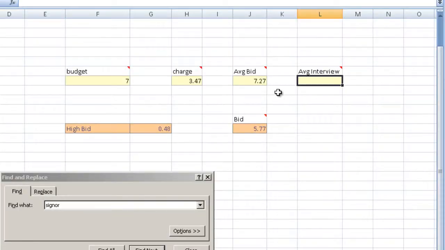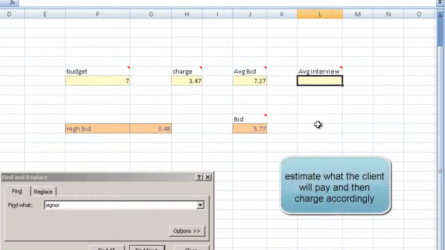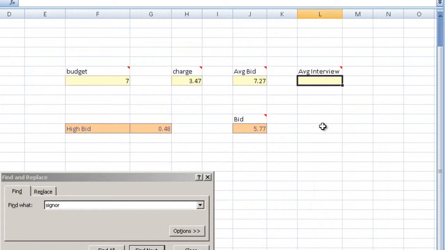That would be more important than either the average bid or the budget, because the interview amount, what you're doing is basically you're trying to predict what amount the client will be willing to pay. And the first thing you'll want to look at in order to predict what the client will be willing to pay is the actual amount that he's interviewing at.